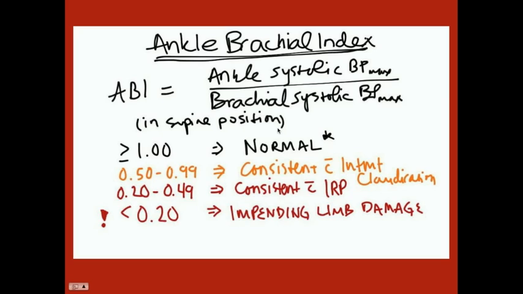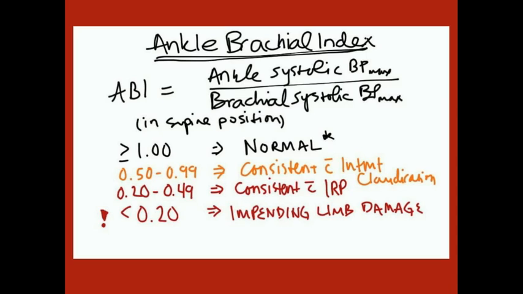So when you're laying down, your ankle systolic pressure should be no less than your brachial systolic pressure. Because if you think about it, when we're standing up or when we're laying down, it should never be that your lower extremity pressure is lower than your upper extremity pressure.